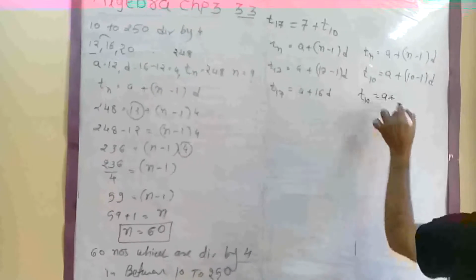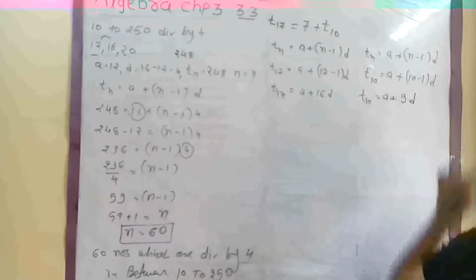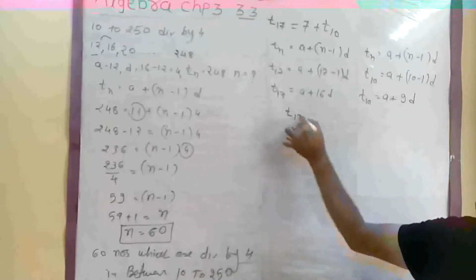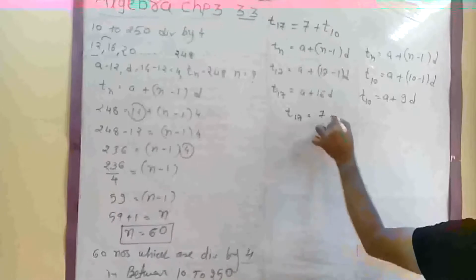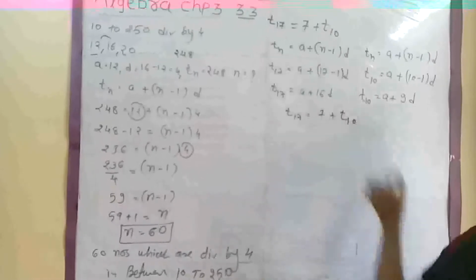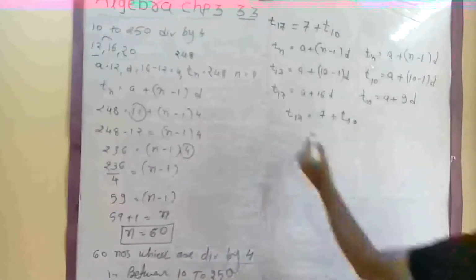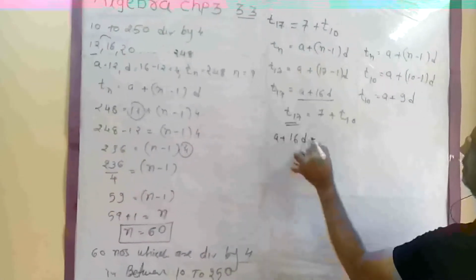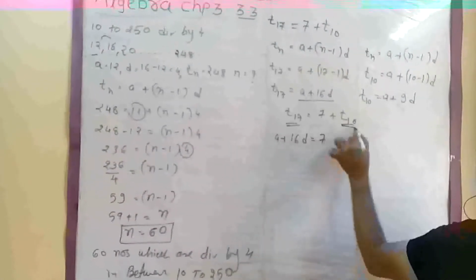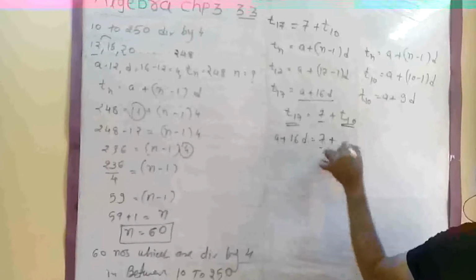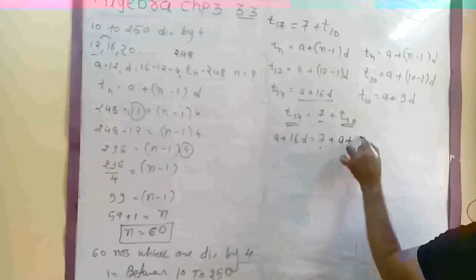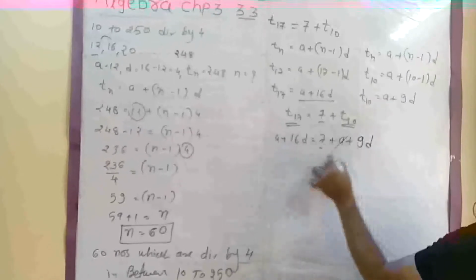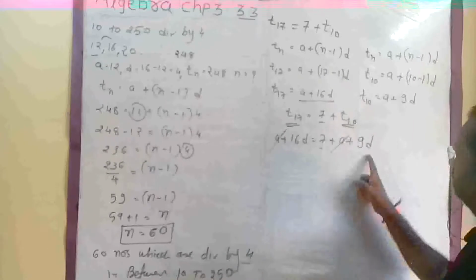T10: 10 minus 1, 9D. Now what is given? T17 is equal to 7 more than T10. This much is A plus 16D. 7 I have written. T10 is A plus 9D. A gets cancelled. This comes this side.